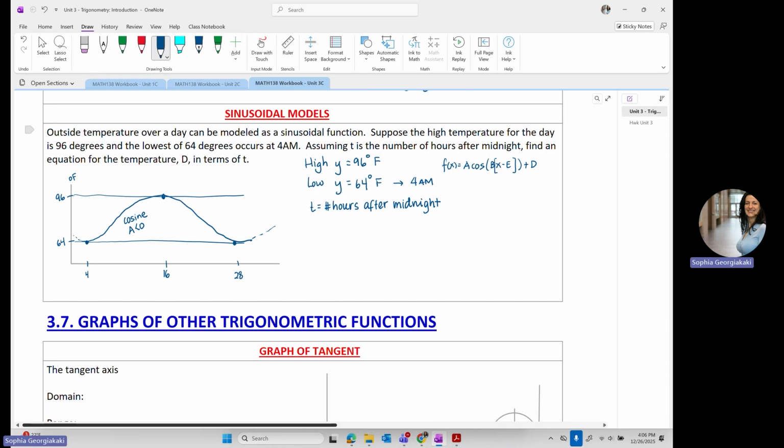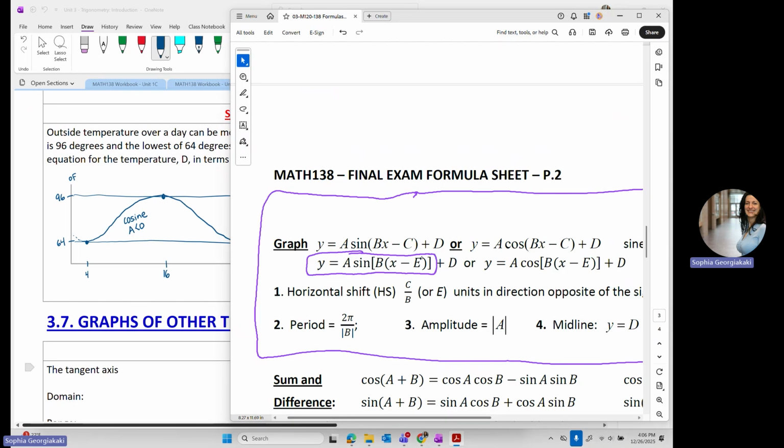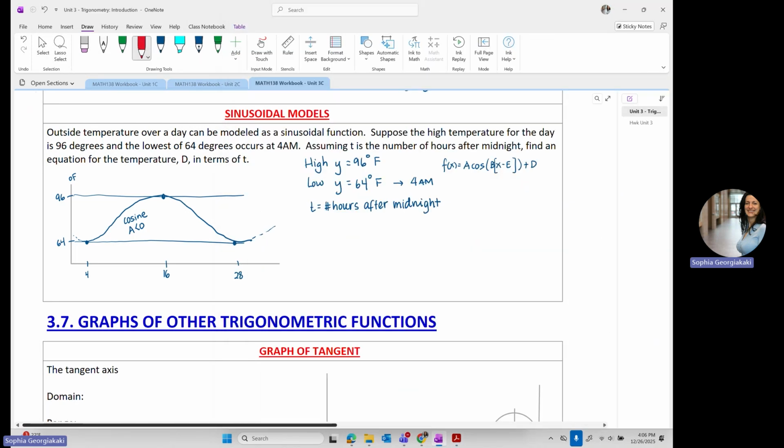So if I have it in this factored form, then the horizontal shift is just e. And since I know that it starts at 4, then my e will equal 4, and I will have x minus 4 in the parentheses.